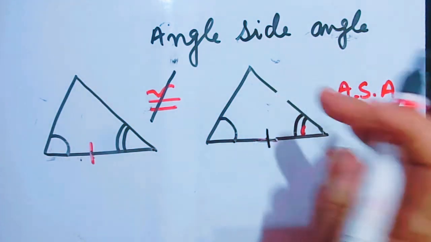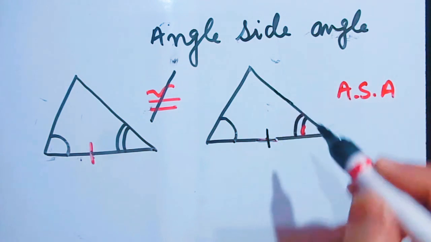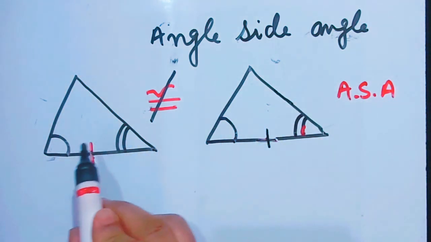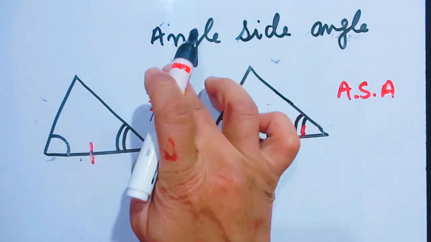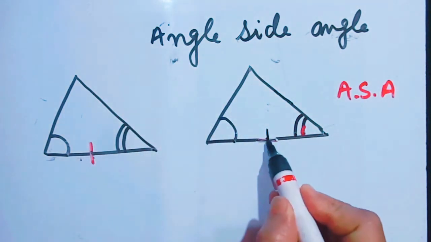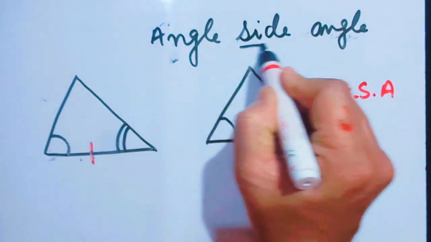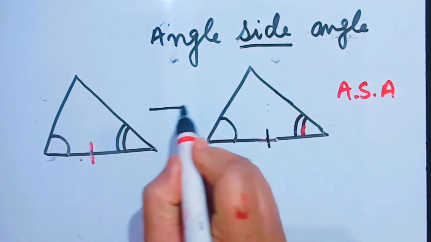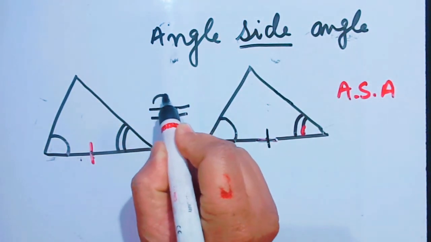That is why we say that if two angles of one triangle are equal to two angles of the other and the included side is given, we say that the triangles are congruent by the criteria angle, side, angle.